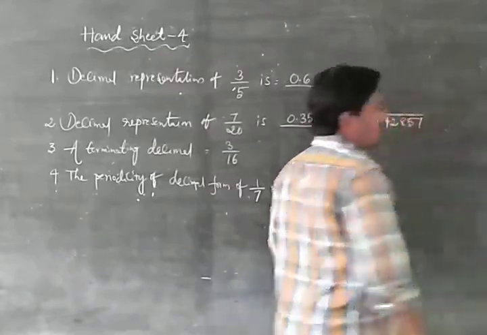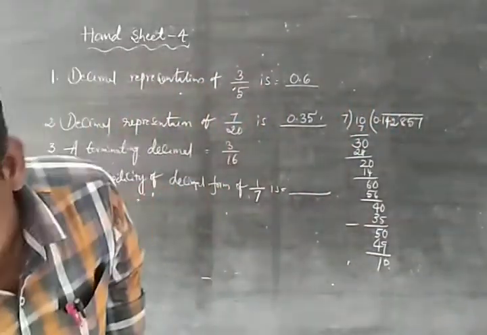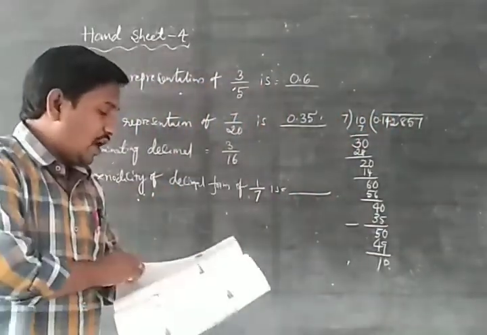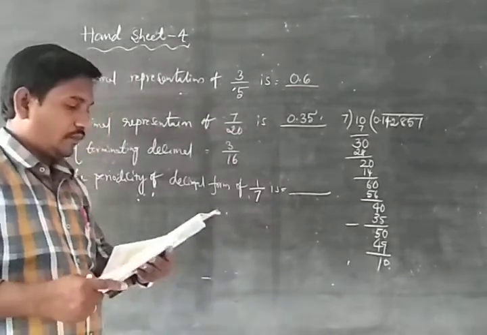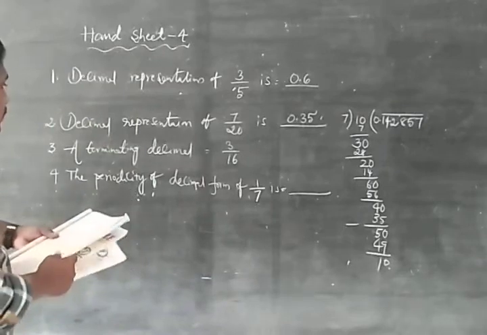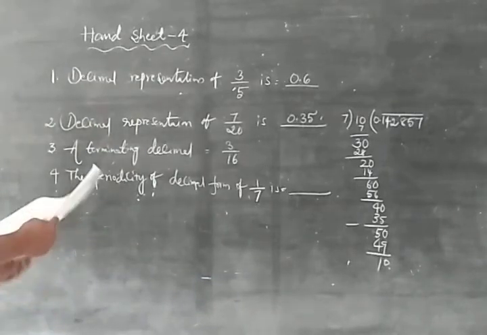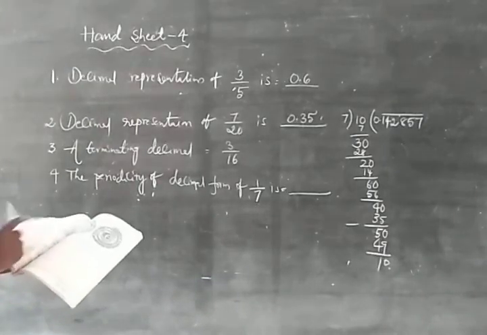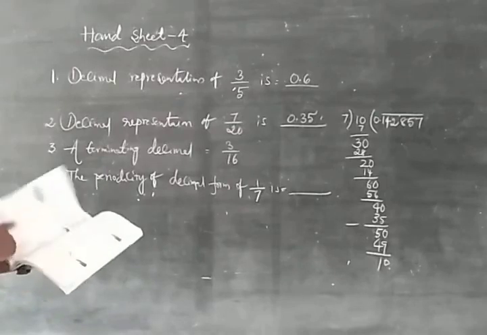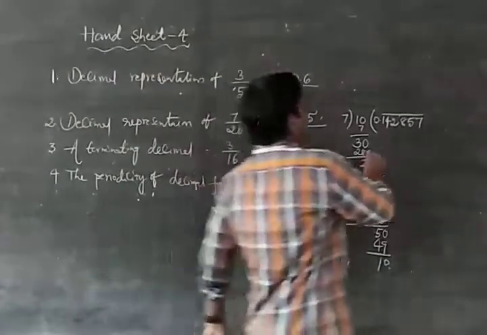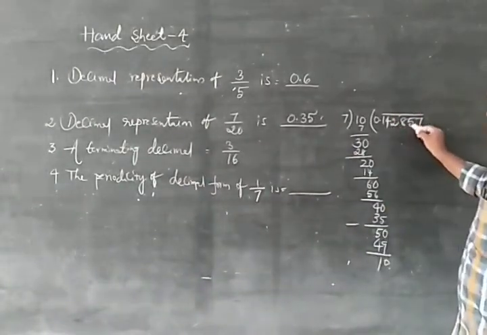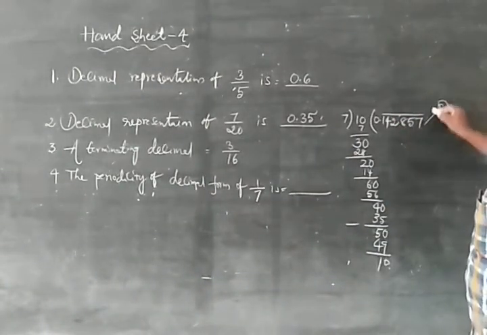Period or periodicity, we should have a clear idea about it. Periodicity means the number of digits in 142857, the period.